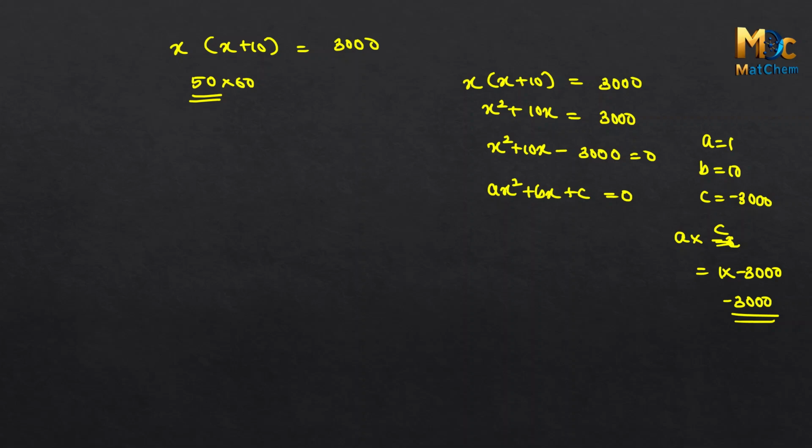Now you need to find the factors of 3000 such that the difference or addition of those two factors gives you 10. Okay, so the possibility is 50 and 60.